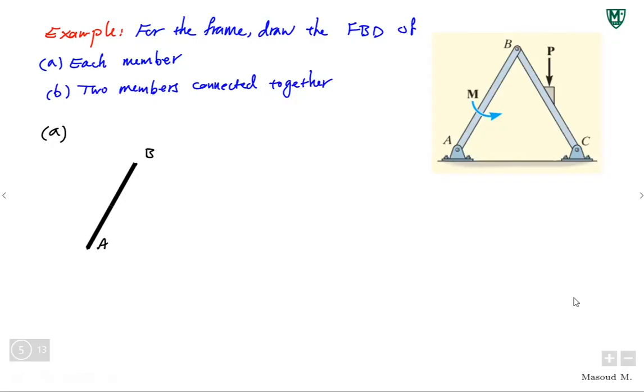Pin support, yeah, A is a pin, so I have to take that into account. Moment M, exactly. So pin support, there you go. I'll just go with positive direction. This is pin, this is pin. Let's call this AY, AX.